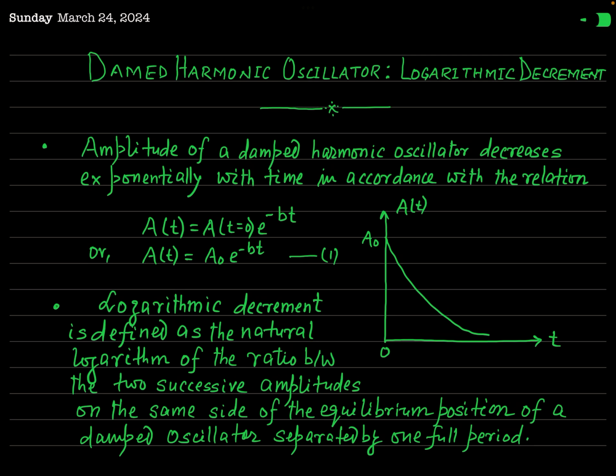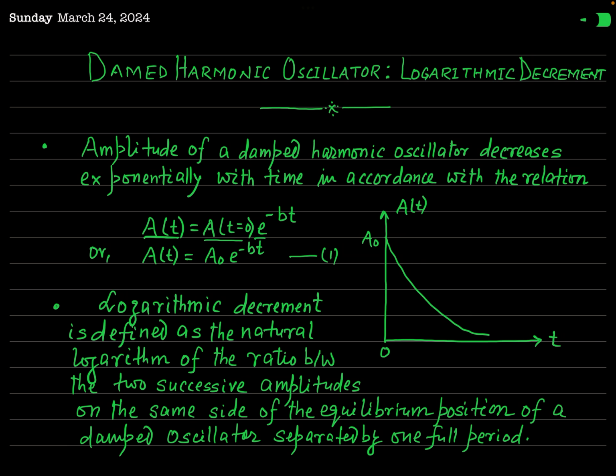If A of t is the amplitude of our oscillator at any time t, and A at t equal to 0 is its amplitude at 0 time, then A of t is equal to A at t equal to 0 times e to the power minus bt, where b is called the damping coefficient.